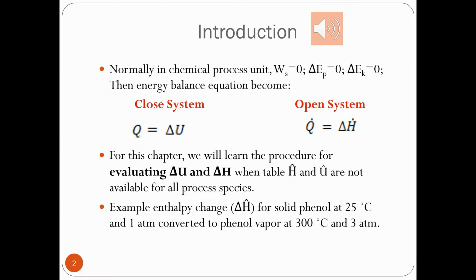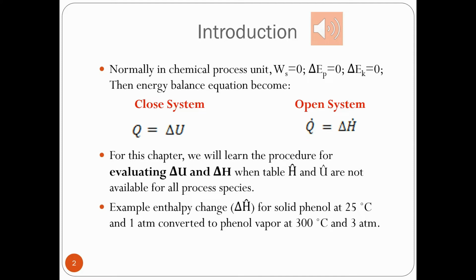third, there are changes not only in temperature but also pressure. So you can see there are four different things that you don't know. One is phenol, which doesn't have tables to refer to. Second is the change of phase of the substance from solid directly to vapor, so you don't know what happens in between the changes of phase.